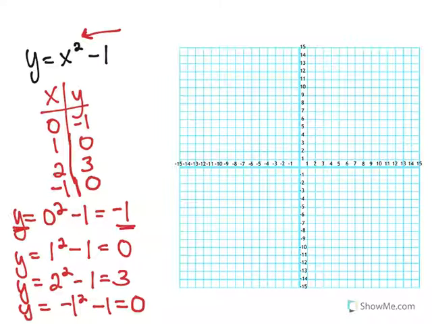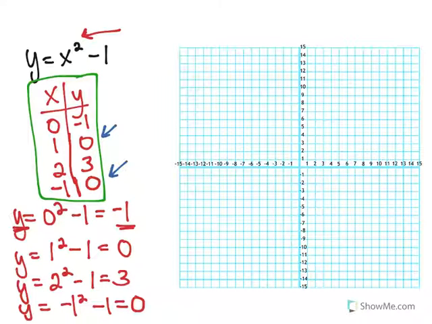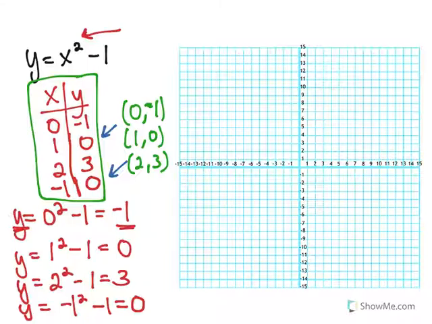As you can see, something that's a little bit different between this nonlinear equation and the linear equation is that some of our y values might be the same. That's okay. We're going to then go ahead and graph the points in this table. So we've got 0, negative 1, 1, 0, 2, 3, and negative 1, 0.